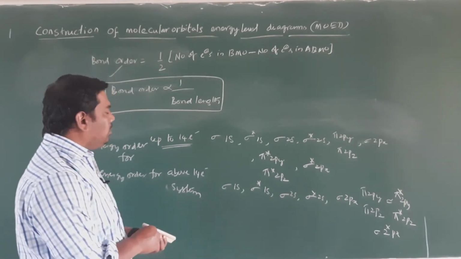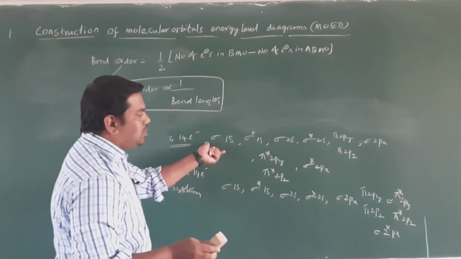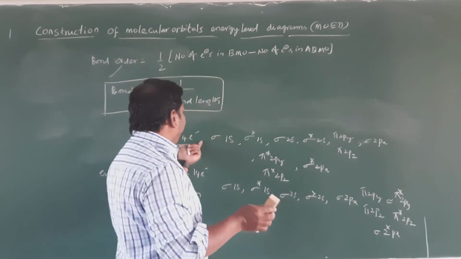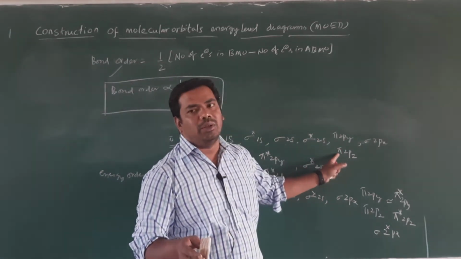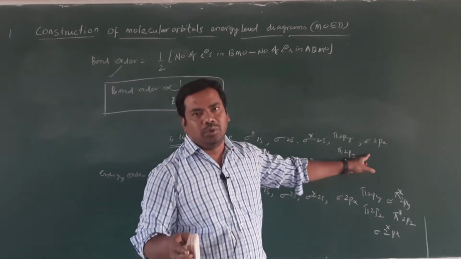Next, this is the energy order, student, so please keep it in mind. Remember one thing: if it is a system with up to 14 electrons, the p electrons first enter the pi 2py and pi 2pz, then move to the sigma 2p orbital.